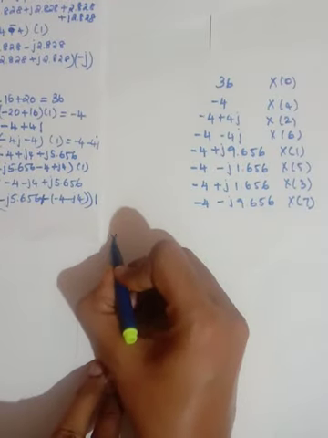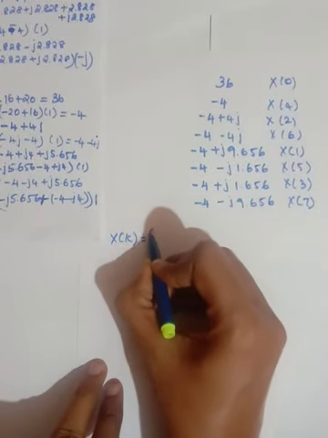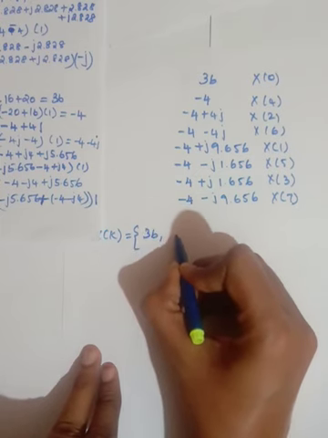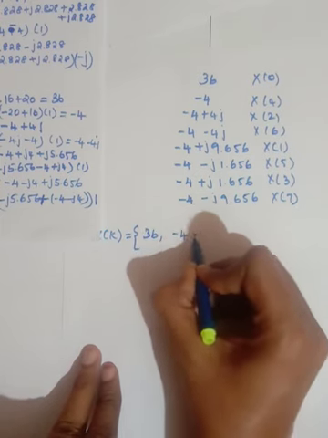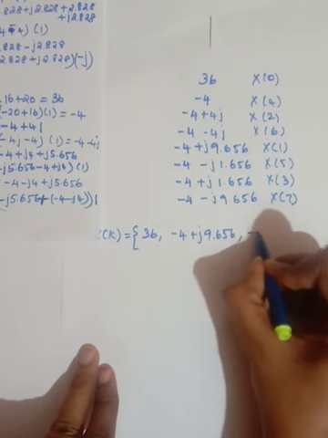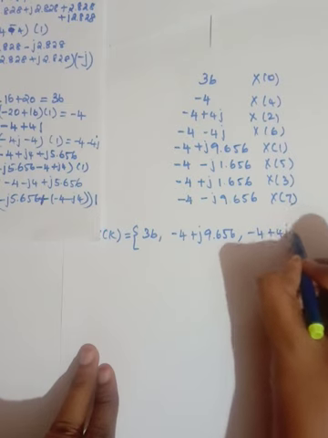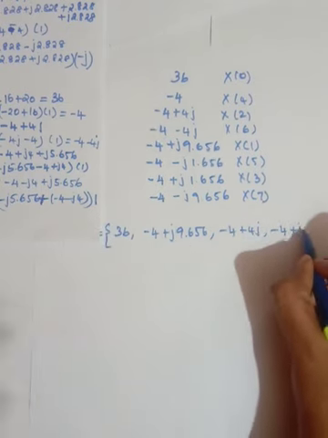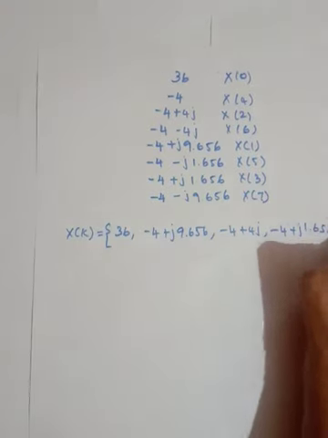Now finally I need to write the output x of k in the normal order. So x of 0 is 36, x of 1 is minus 4 plus j 9.656, x of 2 is minus 4 plus 4j, and x of 3 is minus 4 plus j 1.656.